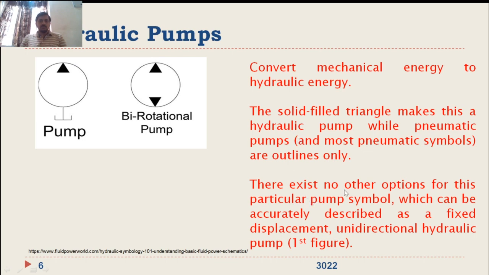This symbol can be accurately described as a fixed displacement unidirectional hydraulic pump, with a single arrow. If you see double arrows on either side, it means the pump will deliver in both directions. This is a bidirectional pump, which can deliver fluid in both directions.